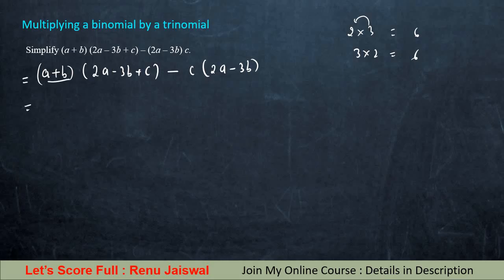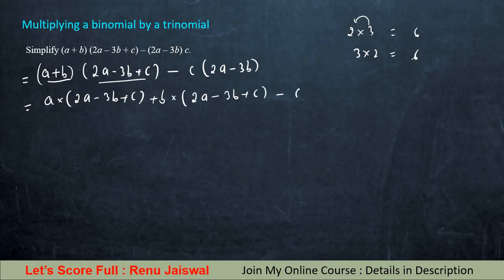Now, same, I have first bracket and second bracket. Take one by one the terms of the first bracket and give it to the second bracket. Means take the first term of the first bracket and copy the second bracket. Then take the second term, I have plus b here, and then the second bracket, 2a minus 3b plus c.